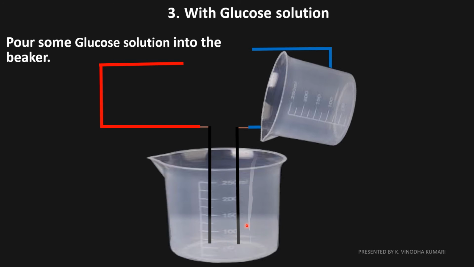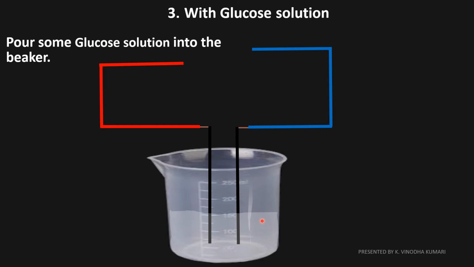Okay. See, the first solution we have taken is dilute HCl, and the second solution we have taken is dilute H2SO4. In both the cases, the movement of the positive and negative ions, in HCl H plus and Cl minus ions, and in dilute H2SO4 H plus and SO4 minus 2 ions, are present in the solution. The movement of these ions is responsible for the flow of the current.